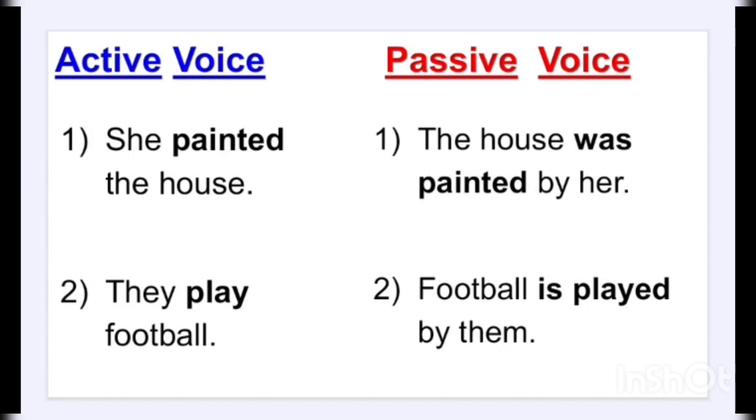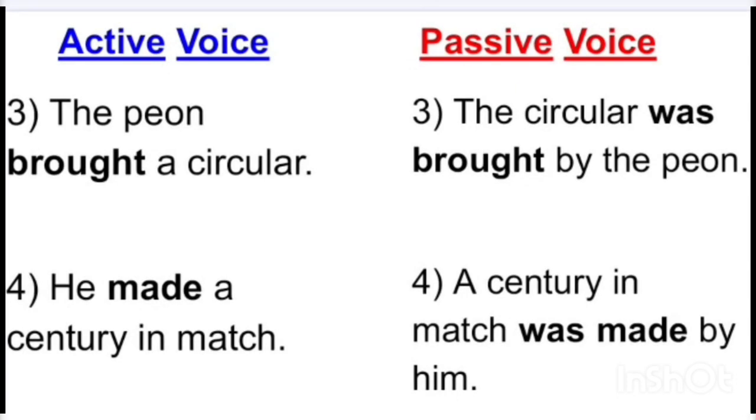And in passive voice, it will be the house was painted by her. They play football. The football is played by them. The peon brought a circular. The circular was brought by the peon. He made a century in match. A century in match was made by him.